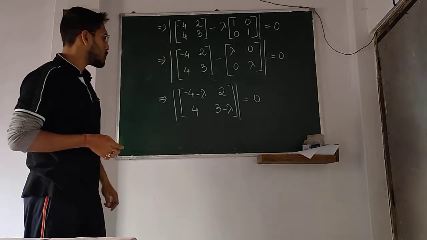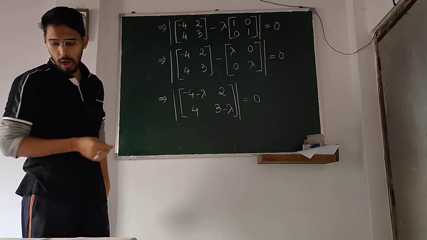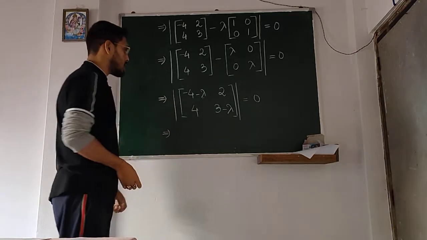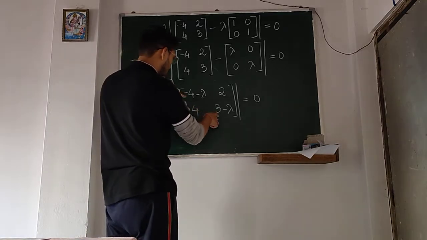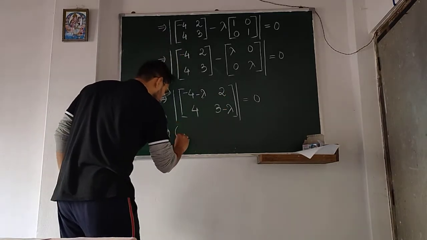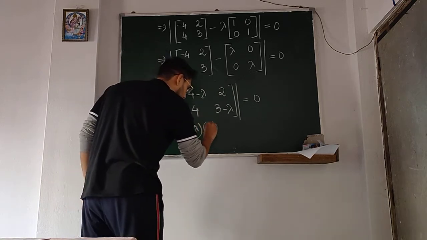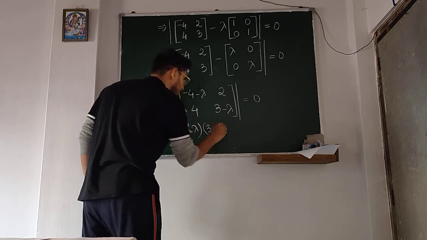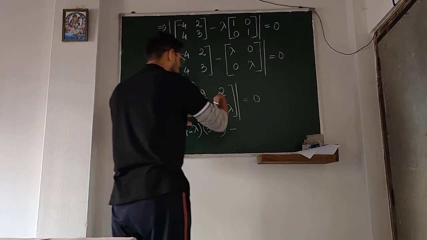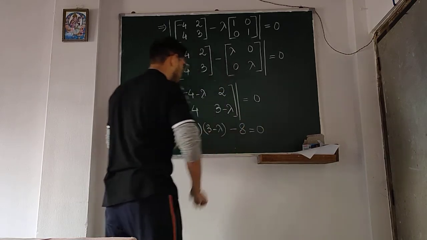Now we can conclude that the determinant of this particular matrix will be 0. So we know how to find out the determinant and we are going to follow this particular process. So this multiplied by this minus this multiplied by this. So this will go like this: (minus 4 minus lambda) multiplied by (3 minus lambda), and minus 2 multiplied by 4, that is 8, will give you 0.